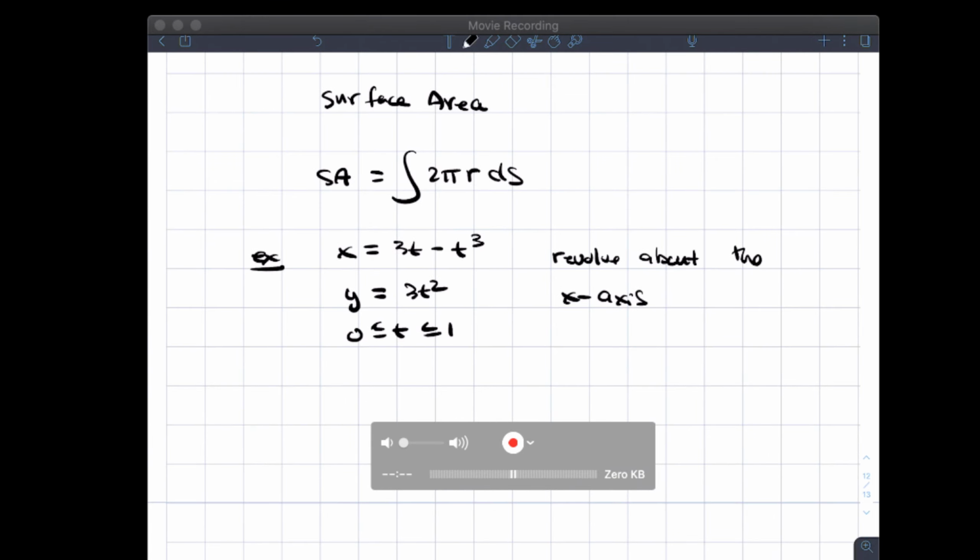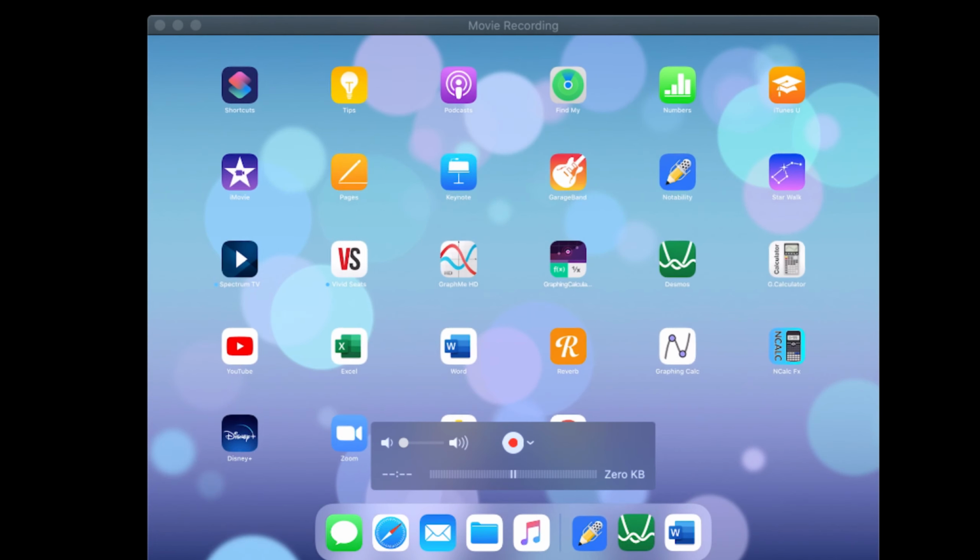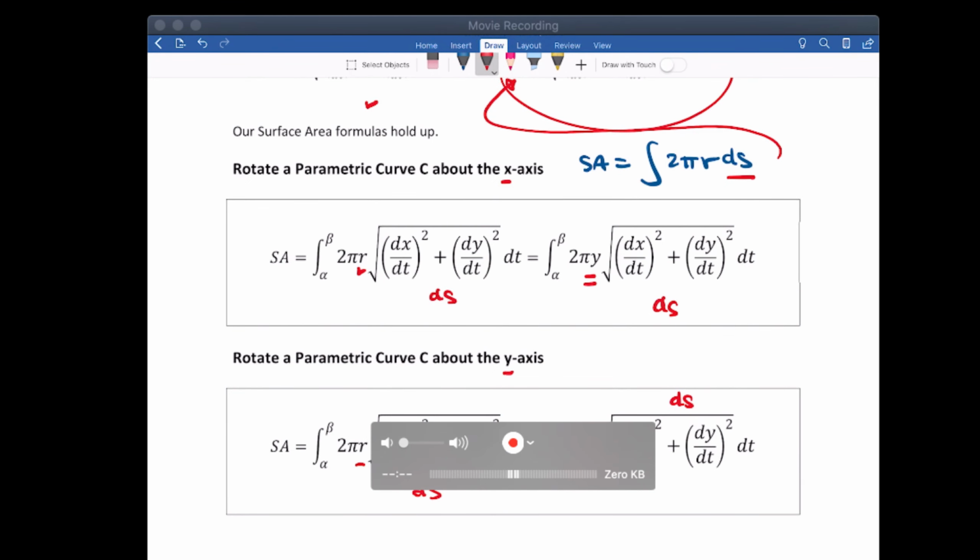All right, so if I look at, I am on the iPad. Let's see, what do we do when we revolve about the x-axis? We're right here, right? Here's our arc length formula. Here's my point. Your radius is going to be y. So the radius is y.